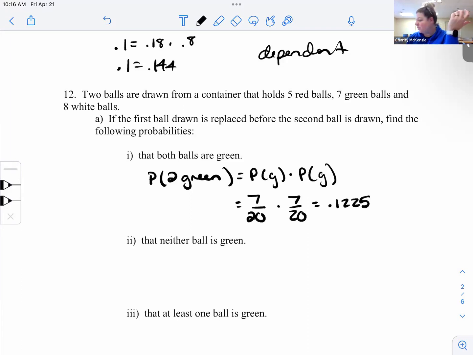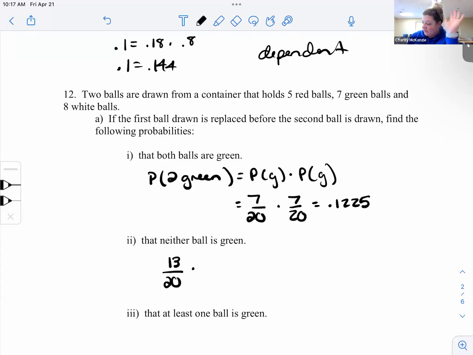So we could do all green and then, well, no, because that's not going to work in the mindset from 1, but neither ball is green. No, it's going to be a little bit different. Okay, what's the probability that neither ball is green? So that's going to be 13 out of the 20, right?